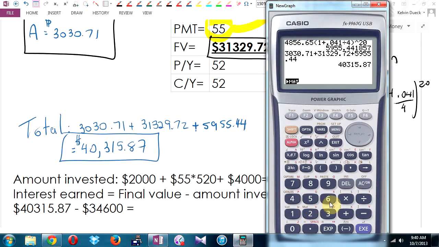How much interest did we earn? I did a divided by, Mr. Dueck. Take away, let's try that again. How much interest did we earn? $5,715.87.